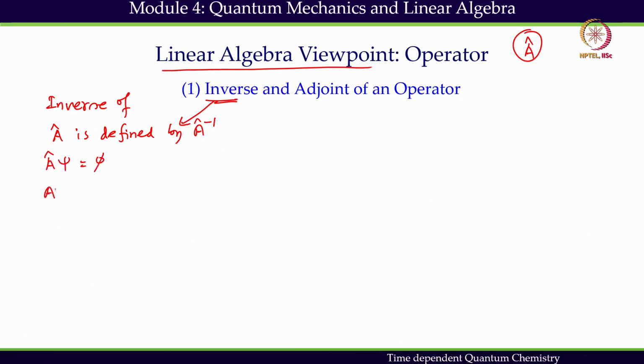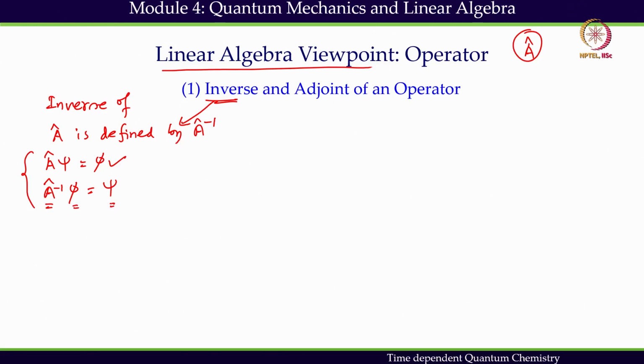In that case, inverse of A acting on phi gives me psi. This is more like a reversible process. From this point of view, quantum mechanics is reversible. If this operator is acting on psi and giving me phi, then the inverse of this operator can act on phi and I can get psi.